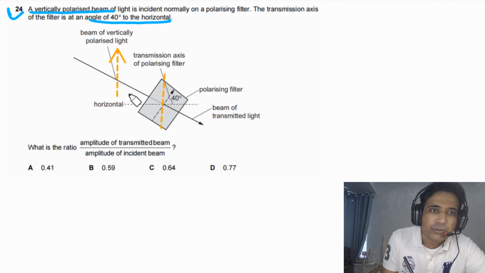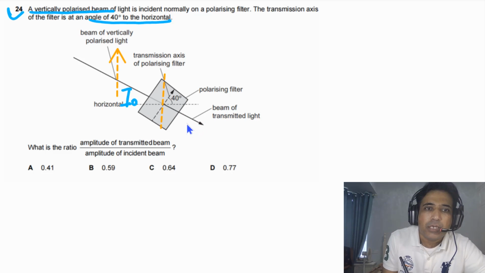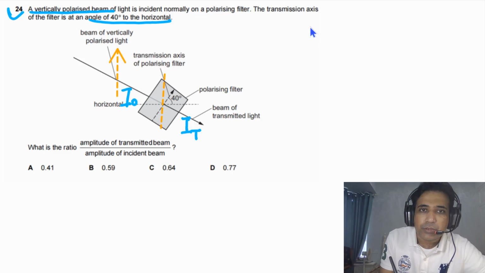And we can also assume, let's say the intensity of incident light is I naught, and intensity of transmitted light is IT. Now we need to use Malus's law. Malus's law simply tells us how transmitted intensity and incident intensity are linked with each other.